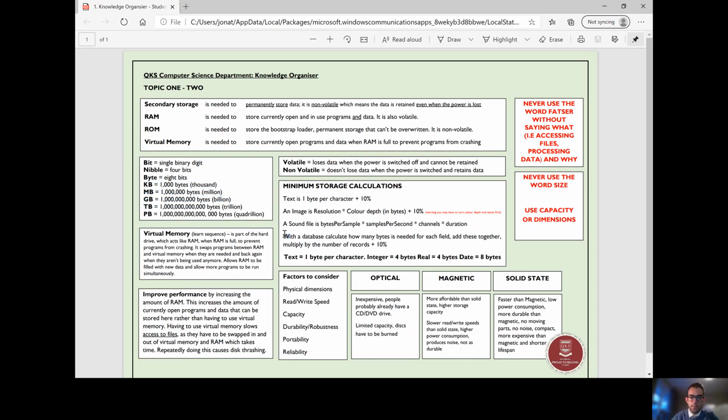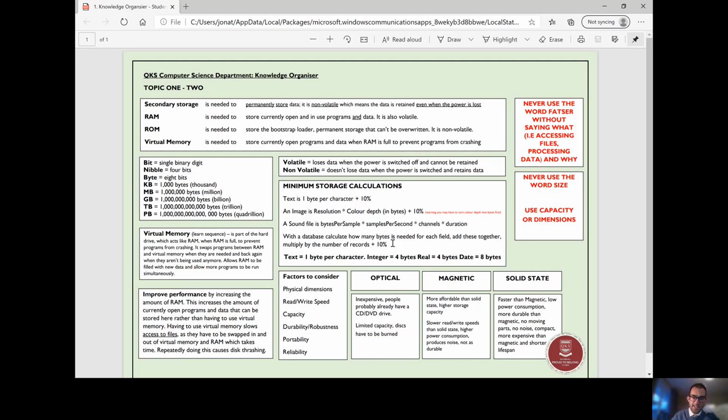The final type of file you might need to be able to work out the minimum storage capacity for is a database. Okay, a database has a certain number of fields, okay, and a certain number of records. So we work out what one record would take to store first. Okay, so you take each field and add their capacity together first.